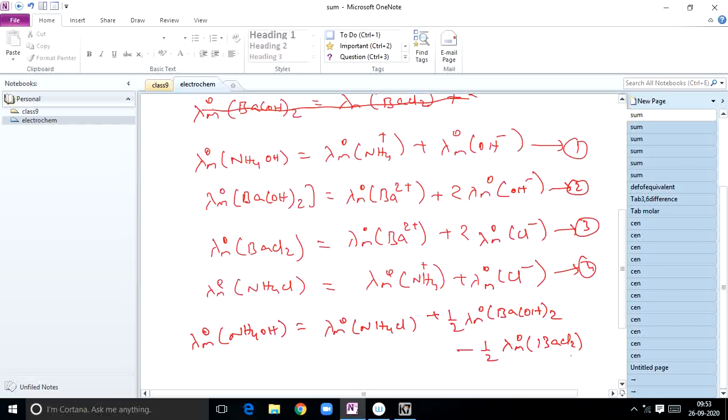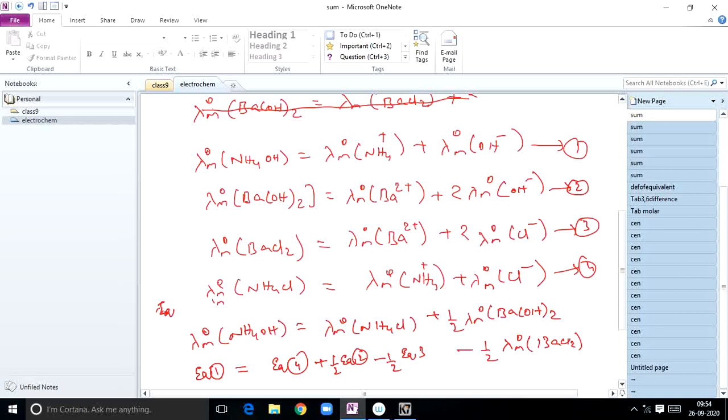So what I did, finally I want to get equation 1. In order to get equation 1, what I did, students? Equation 4 plus half into equation 2 minus half into equation 3. Then I am going to get equation 1. Equation 4 plus half into equation 2 minus that one.